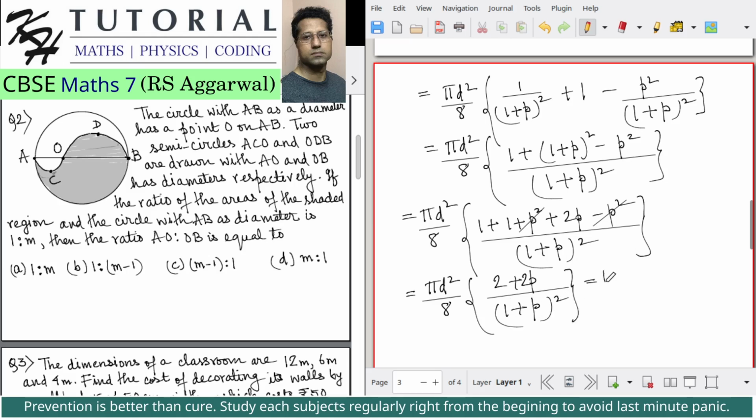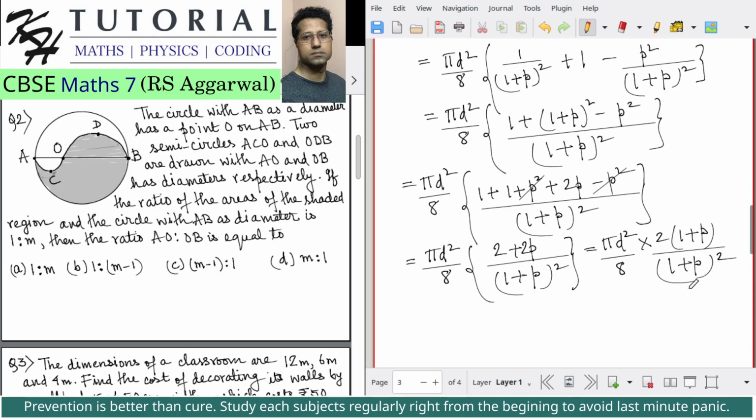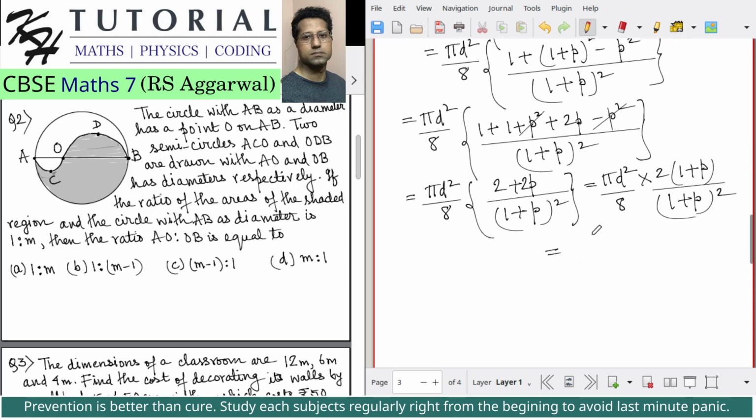This is equal to pi d square by 8, 2 into (1 plus p), over (1 plus p) whole square. So this becomes equal to pi d square by 4 multiplied by 1 over (1 plus p). So this is the area of the shaded region.